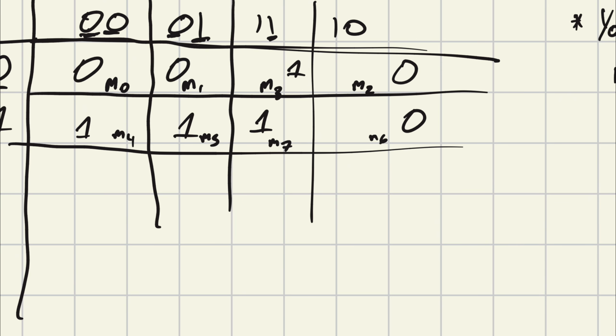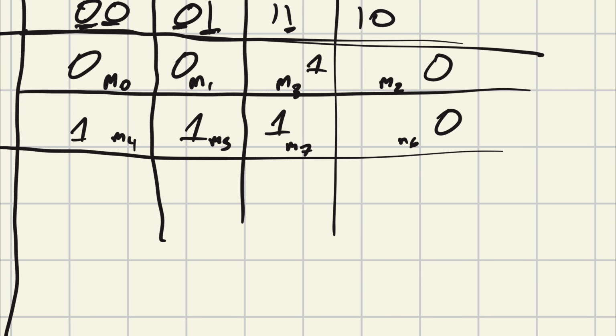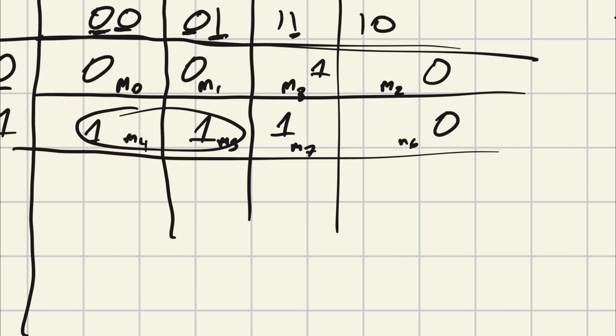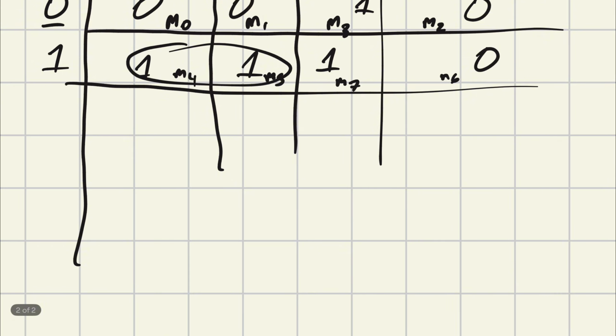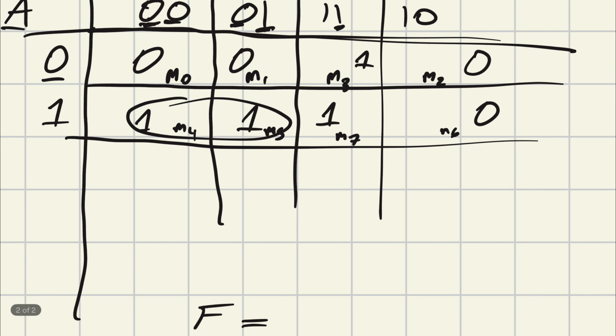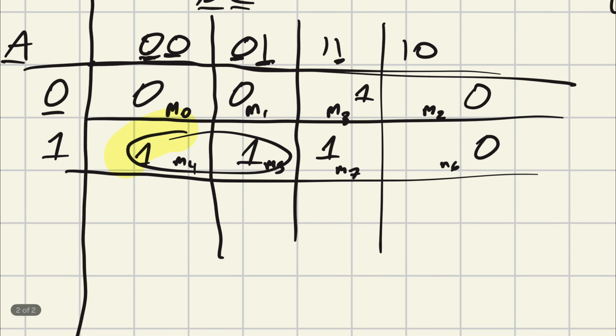So over here, we see that there's 3 ones on this row, but 3 does not correspond to a power of 2. But we can group these together, these ones over here. So we can write F is equal to, let's start with this grouping over here, like that in yellow.